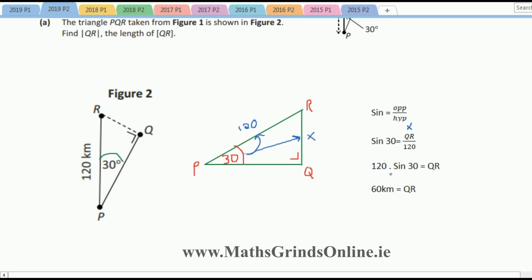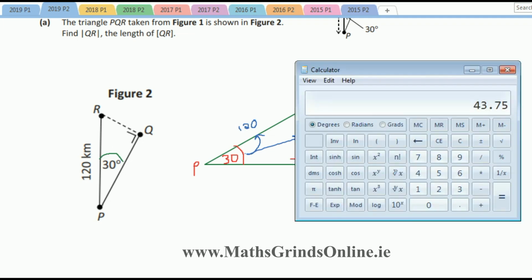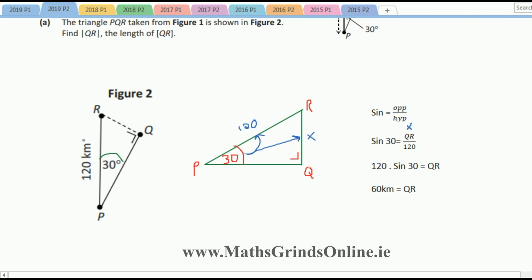So 120 times sine 30 is equal to QR. The sine of 30 is 0.5, and multiply that by 120 and we get 60. The units, you can see in the diagram, are 120 kilometers, which means this is going to be 60 kilometers. That's QR.